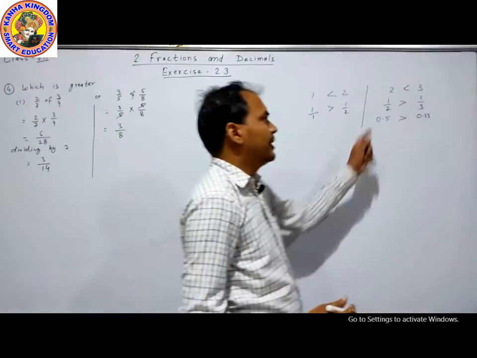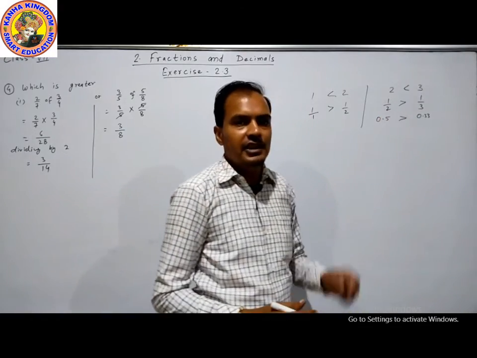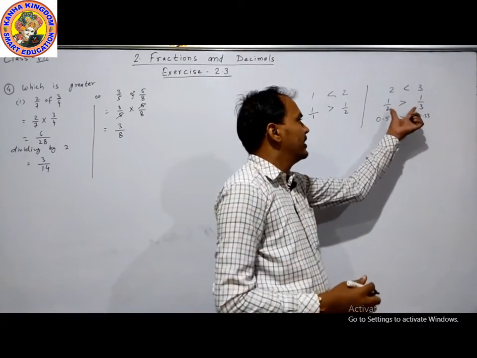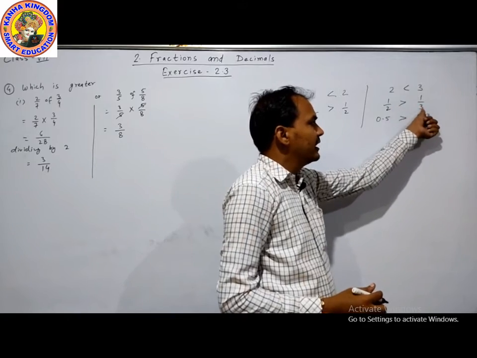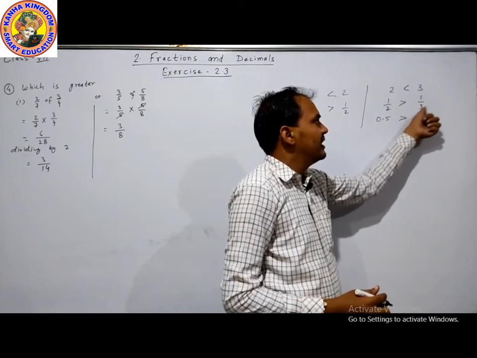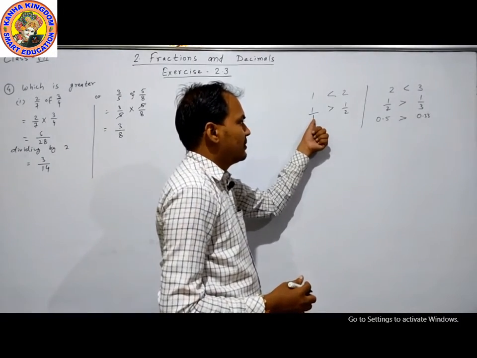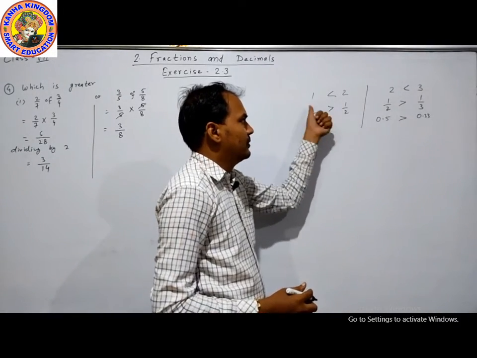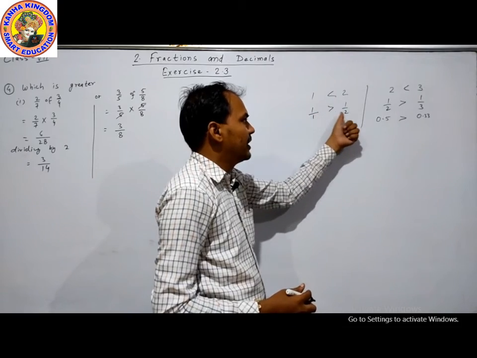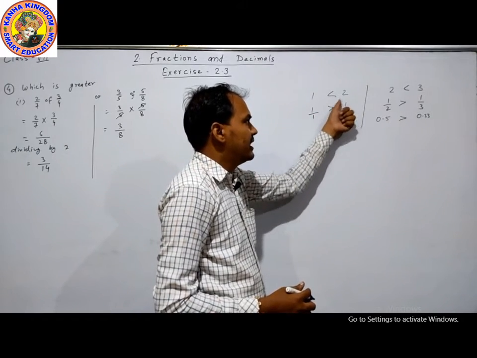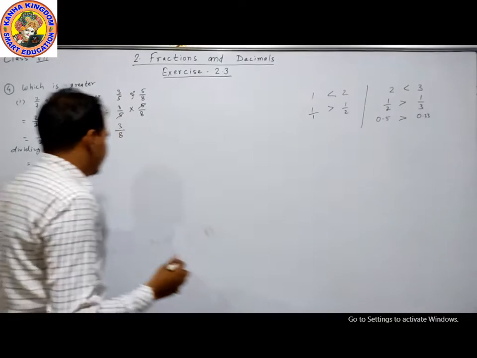When the denominator increases, the value decreases. In this question, the numerators are equal and the denominators are 1 and 2.